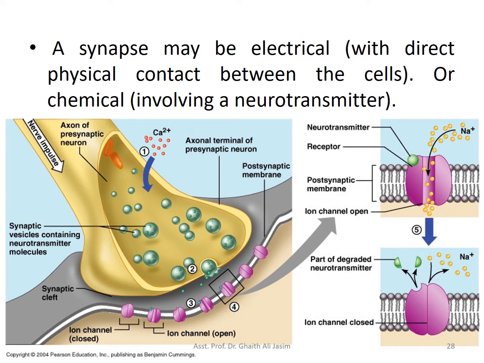This receptor is located on a membrane channel. The connection of the neurotransmitter to its specific receptor will cause opening of the channel on the postsynaptic membrane, allowing the entry, for example, of sodium ions, and there will be depolarization of the postsynaptic membrane, and the signal will be transmitted from one neuron to the other.